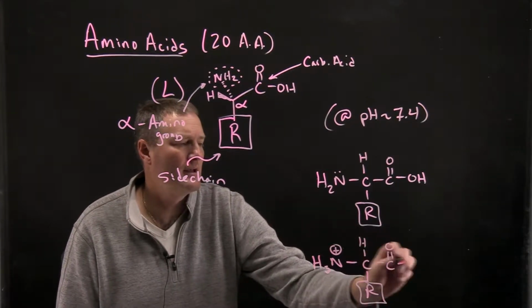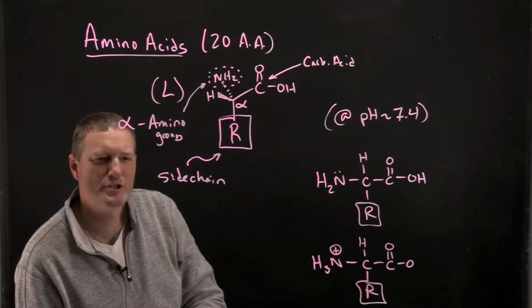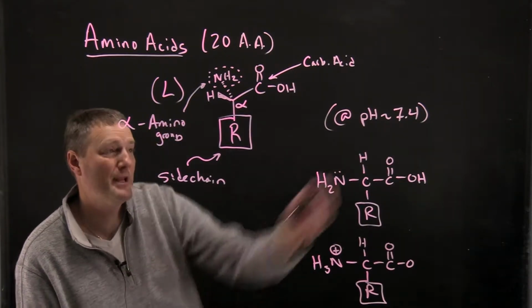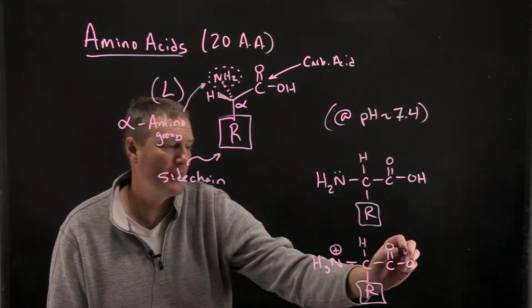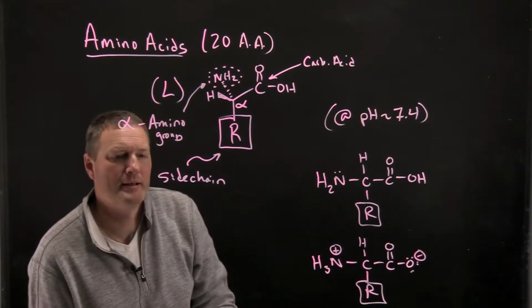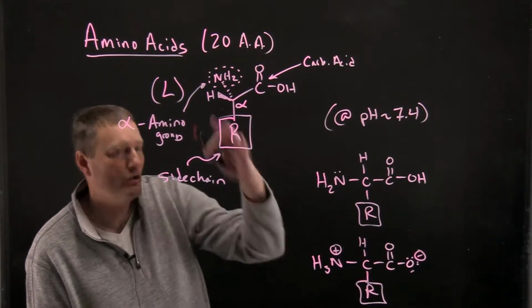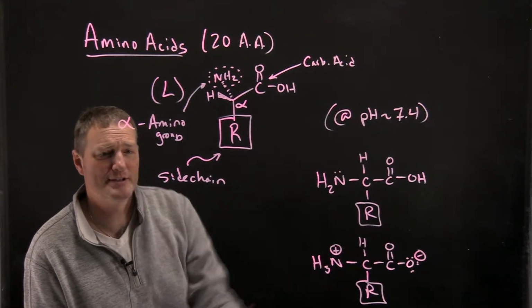Conversely, the carboxylic acid, which typically has a pKa somewhere between 2 and 5, at pH 7.4, this proton will not be there, and this will exist as the carboxylate anion. So amino acids, all 20 of them, have this general structure at physiological pH.